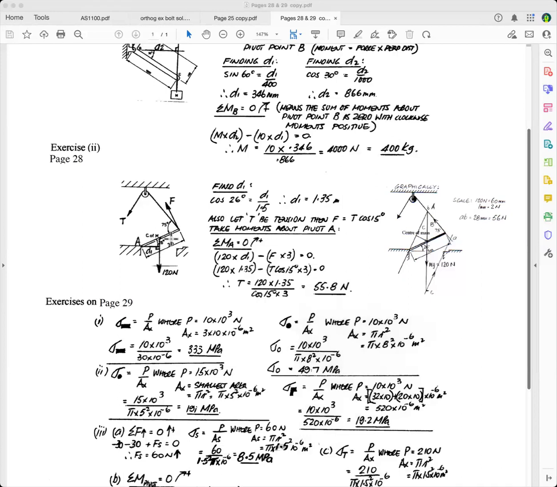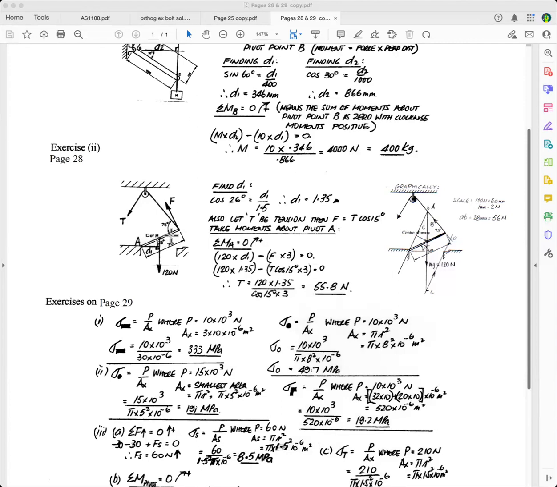Okay, now we've got a problem here too, because see, this angle here is 75 degrees, but we want it to be 90 degrees. And so it's really important for you to realize that you can't use that there, because all the forces have to be perpendicular.